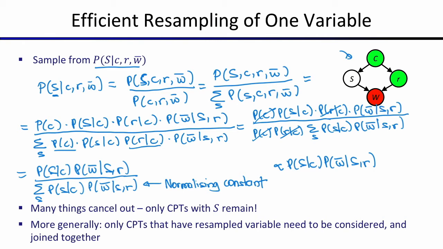We were working with the complete cases. So that's going to be the same thing, right? We just need to multiply the factors that mention the variable that we're going to sample. At the same time, the entries of these tables will be fully specified, just not for the variable S. So we're going to have to check just what's going to be the values for the variable S. And that's going to be a very efficient type of inference.